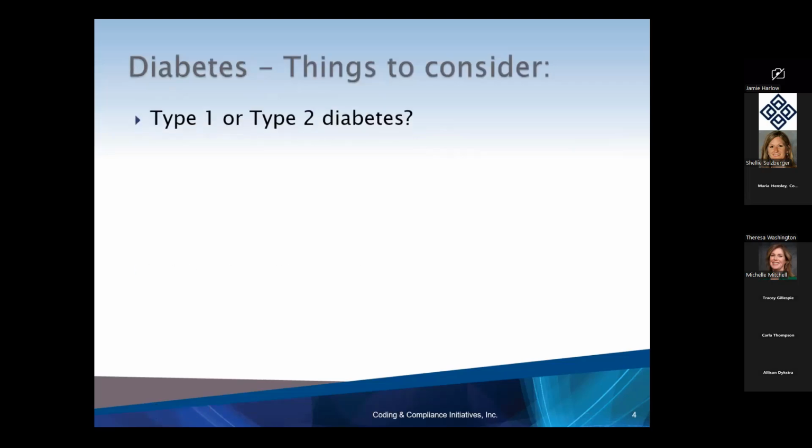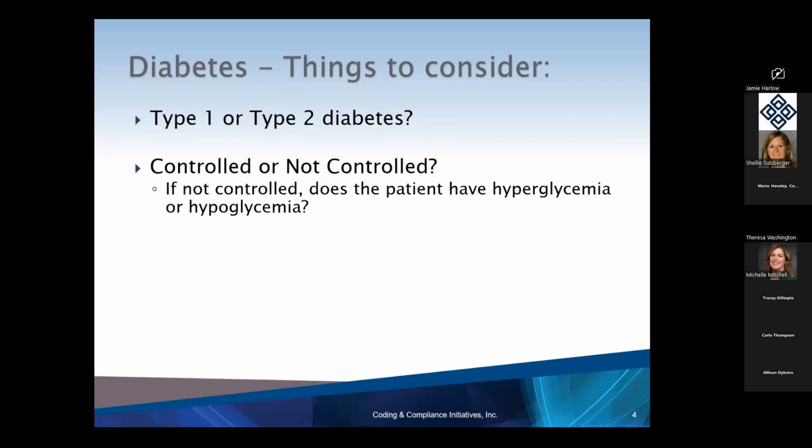So when we're thinking about diabetes and documentation, there are several things we really have to consider. Number one, we need to know if your patient is a type 1 or a type 2 diabetic. We need to know if the diabetes is controlled or not controlled. And from a documentation perspective, providers should not be using the words controlled versus not controlled. Payers don't recognize not controlled.